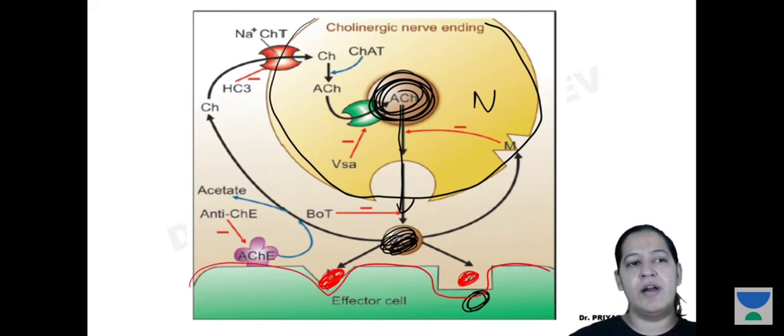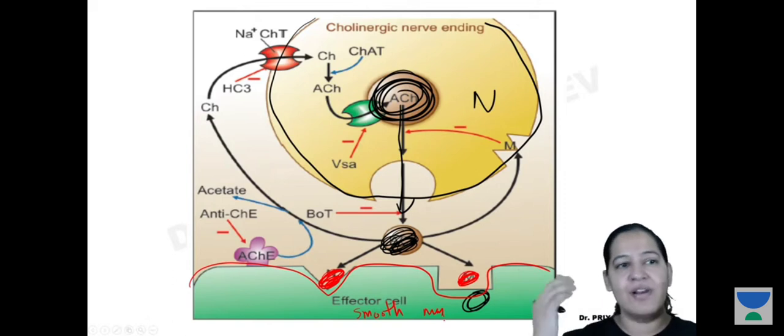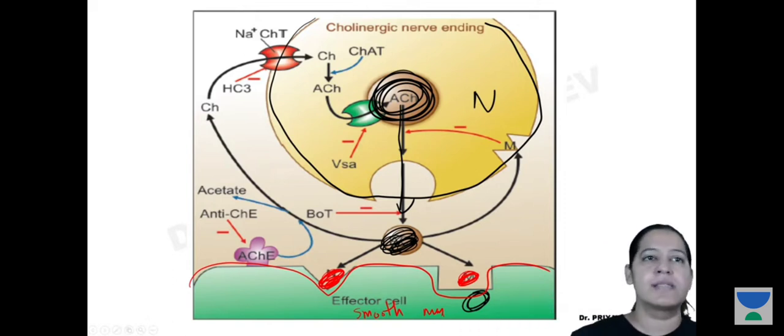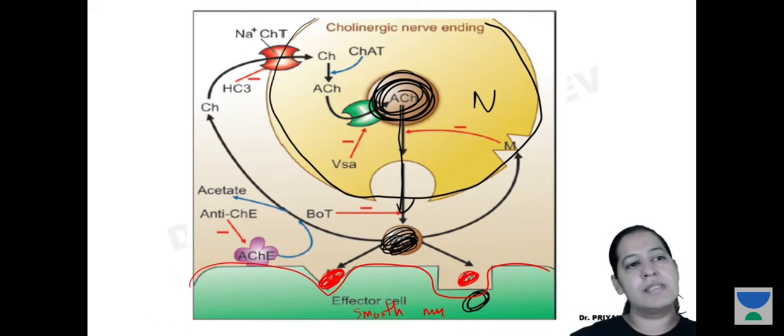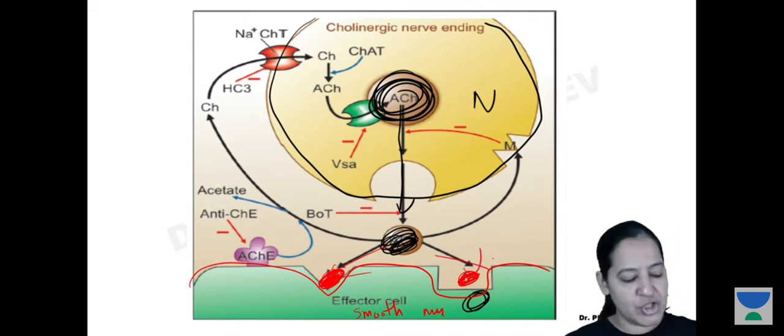The green colored organ is a smooth muscle. It can be any smooth muscle: heart, gland, eye, or visceral muscle. Depending on the organ, all involuntary muscle organs have muscarinic and nicotinic receptors. So acetylcholine binds with the receptors and shows its action.